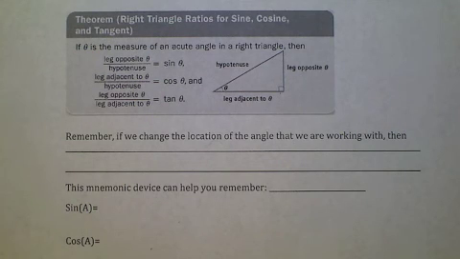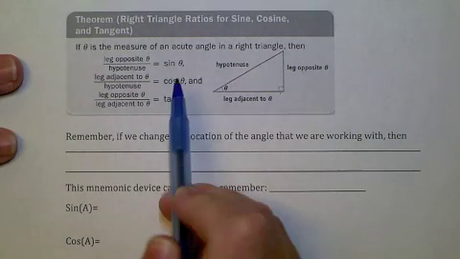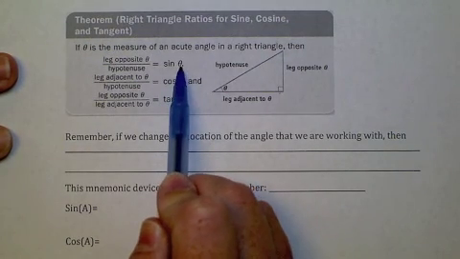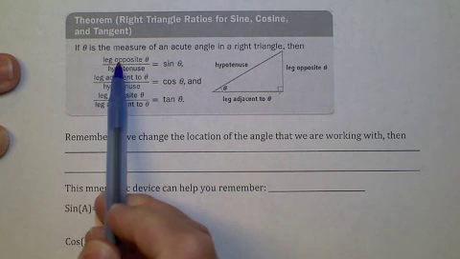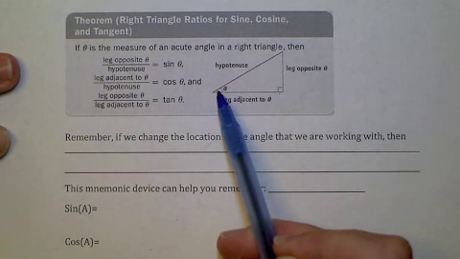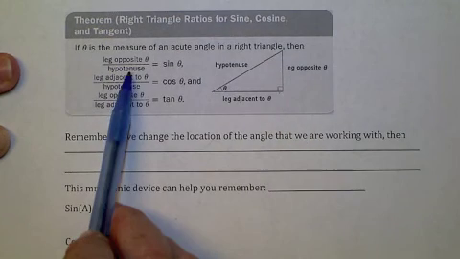We have what we call right triangle ratios, and they're outlined here at the top of the page. You can see that the sine of some angle theta, and they're saying theta is this angle right here in the triangle, is equal to the opposite side, which would be across from that angle, divided by the hypotenuse.